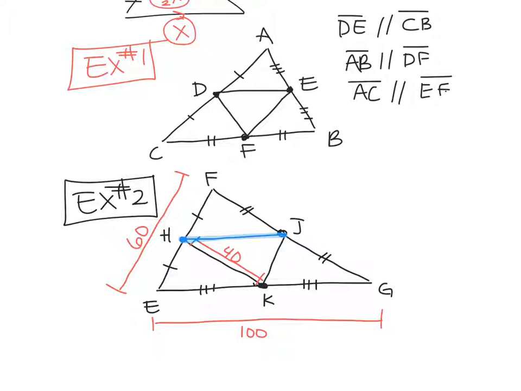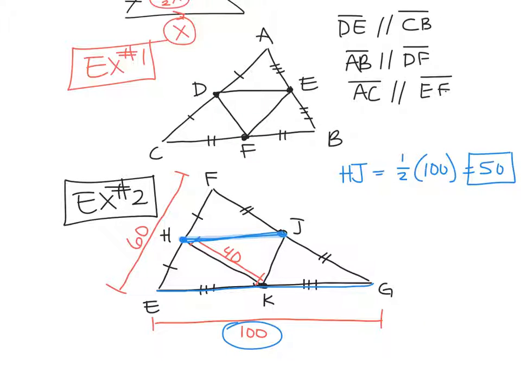It's equal to what? HE? No, EG. EG. Gotcha. Yes. EG is related to HJ, right? It's going to be half as much. HJ is half as much. So if EG is 100, then HJ is going to be half of 100, or 50. Okay, so HJ is 50.